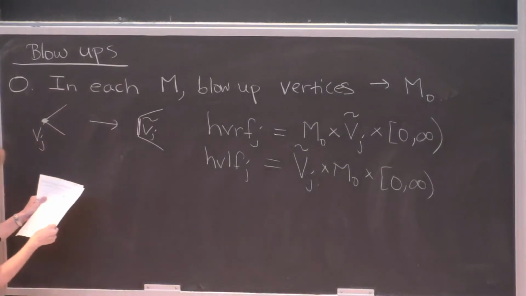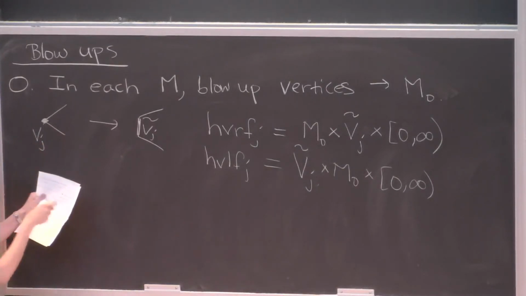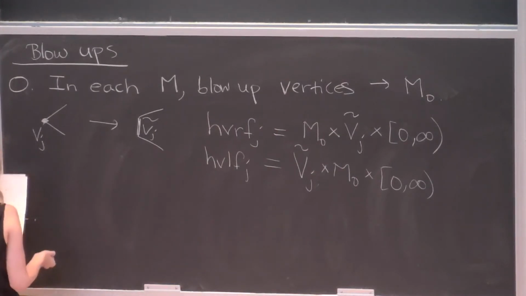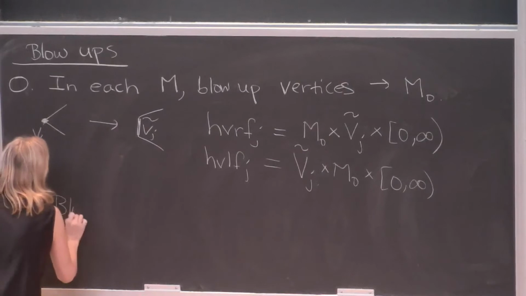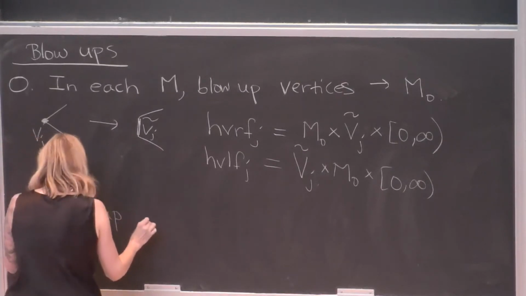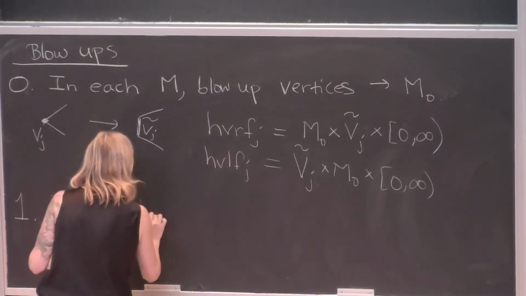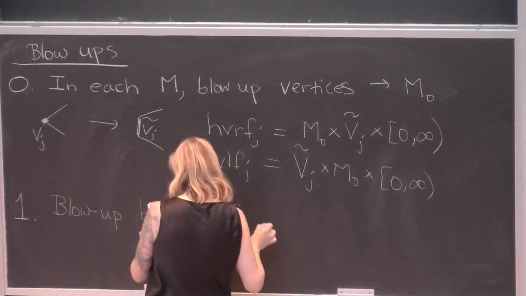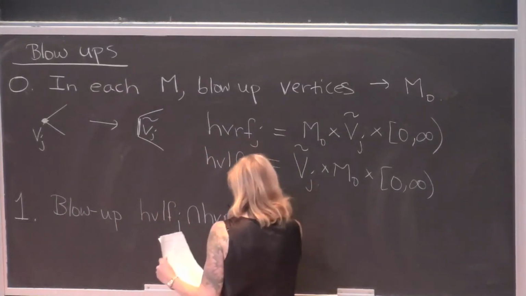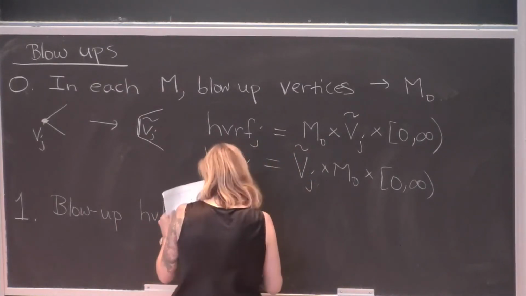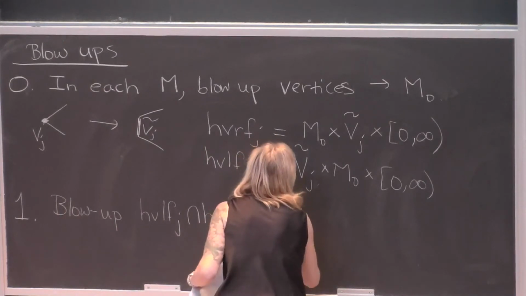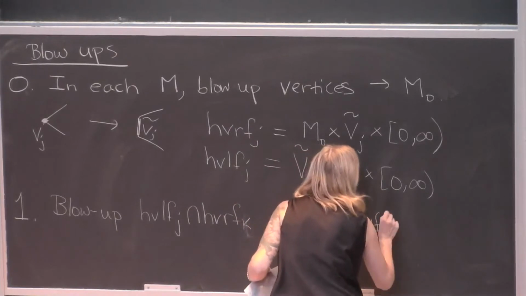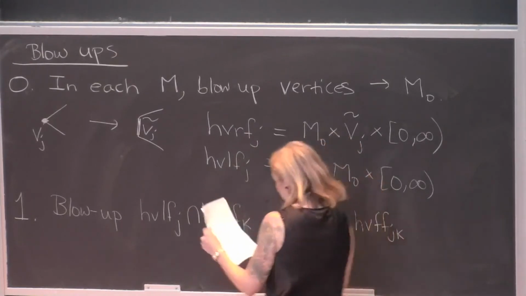Okay. And then the next thing we do, the reason I introduced that notation, is we're going to blow up HVLFJ intersect HVRFK. And this will create the new face, which will be called HVFFJK.